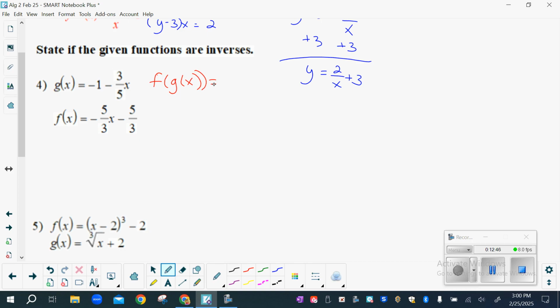So when we do this, remember we start from the inside out. We're going to take our g of x function and put this into our x. So we're going to take this function here, the negative 5/3, and put the negative 1 minus 3/5 x inside, replacing the x.